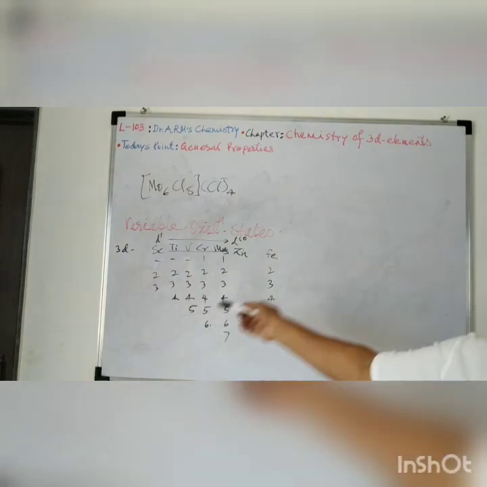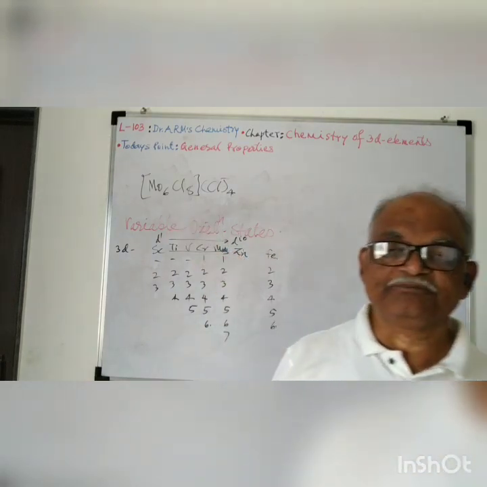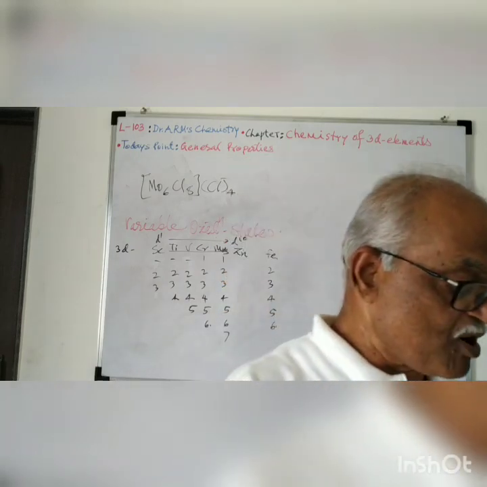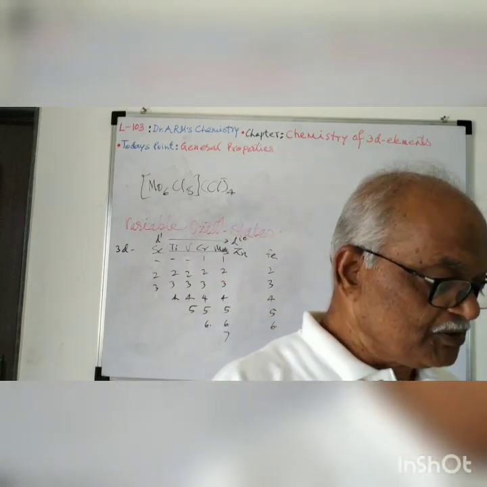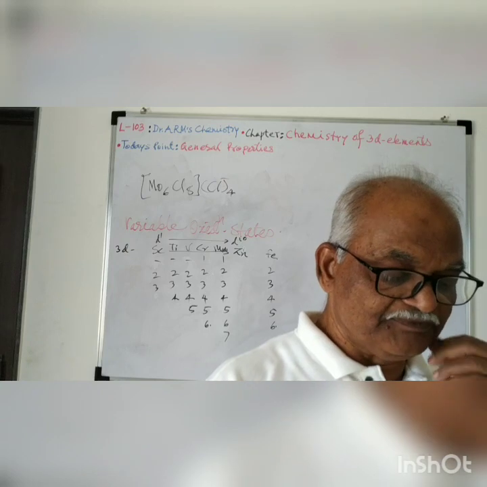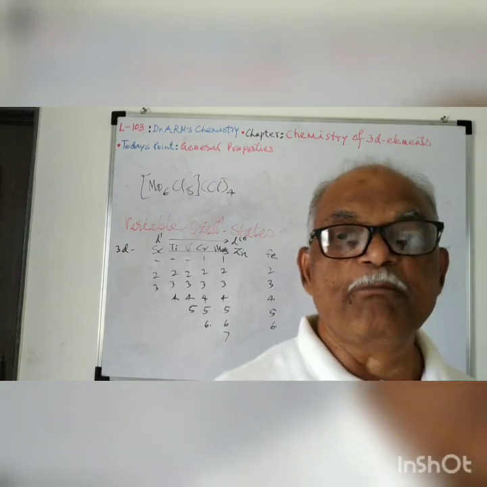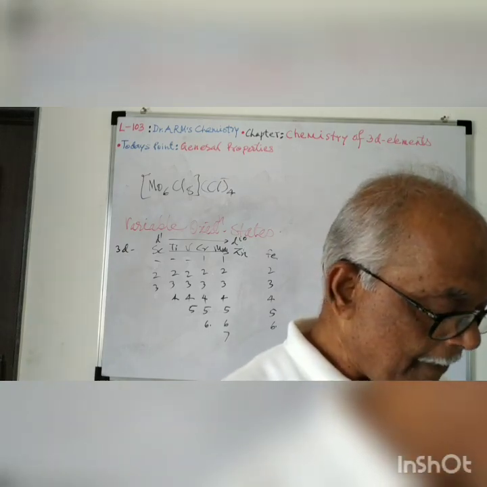So here you will find that molybdenum shows direct metal-metal bonding. It gives a cluster due to the bonding between the metal atoms.